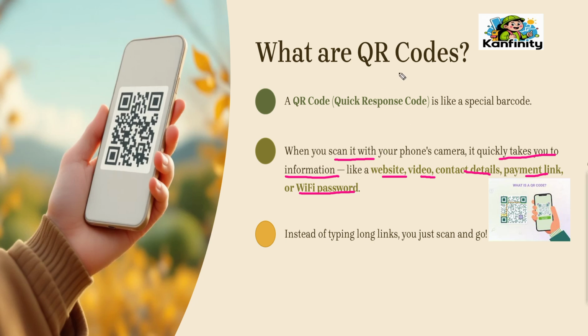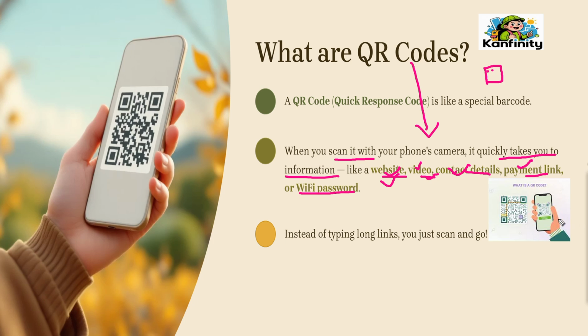In a cell phone, there is a QR code scanner option. By using that scanner, if we scan directly, we are going to visit the website, video, contact details, payment links, and Wi-Fi passwords.